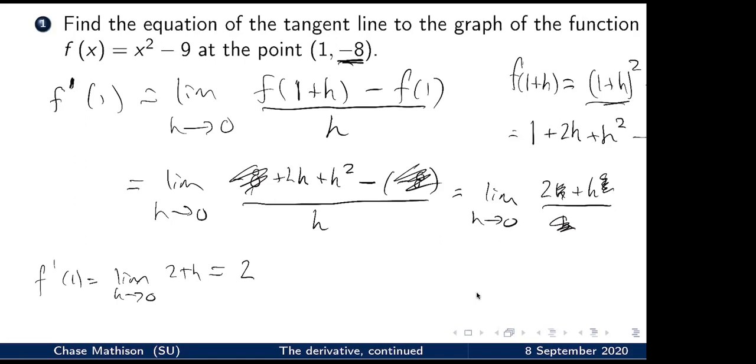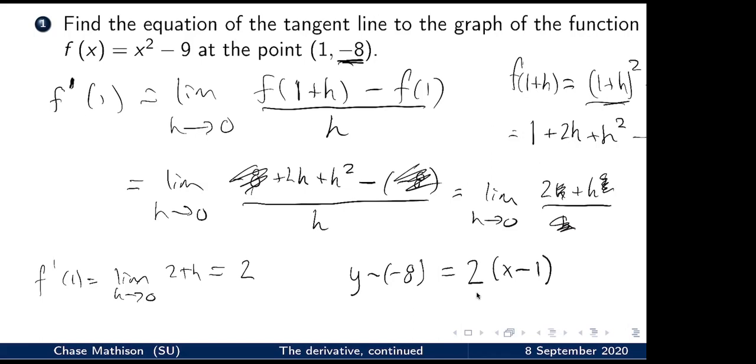That's the derivative at 1. And I have my point, 1, negative 8. So I can write down in point slope form, and this is all you ever need. Unless I specifically ask you to, don't go any further than what I'm about to write. Just write down from point slope form, y minus negative 8 equals slope 2 times x minus 1.